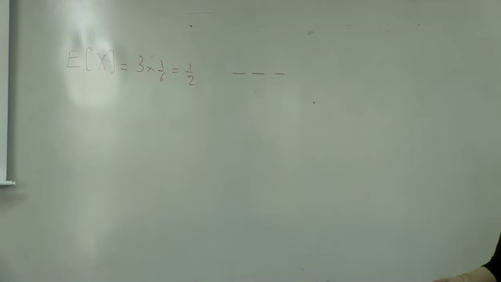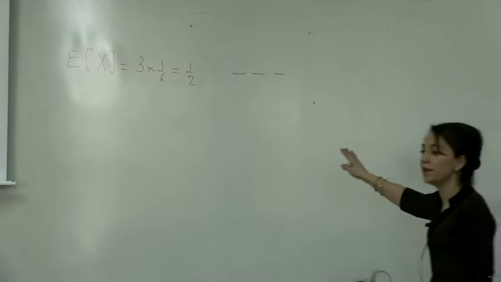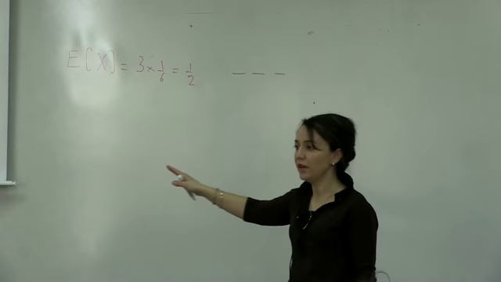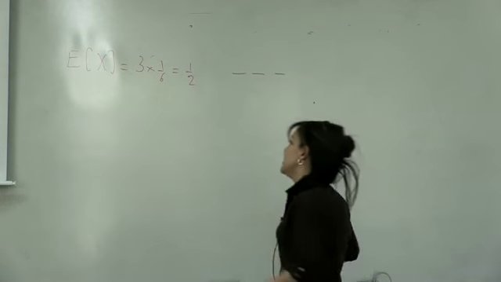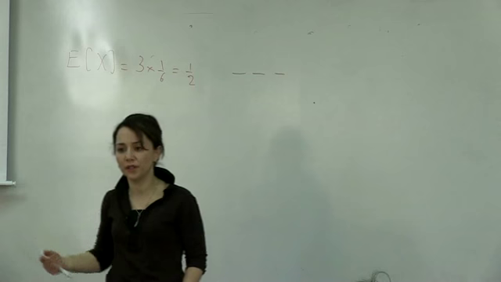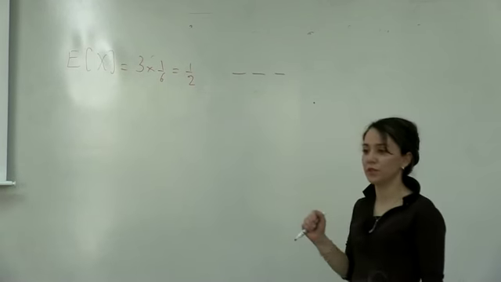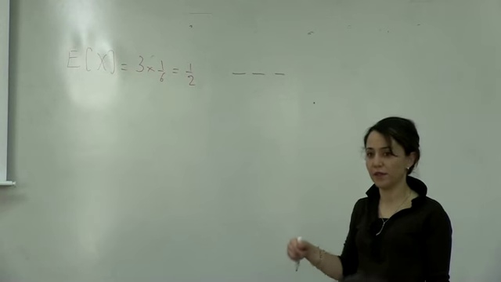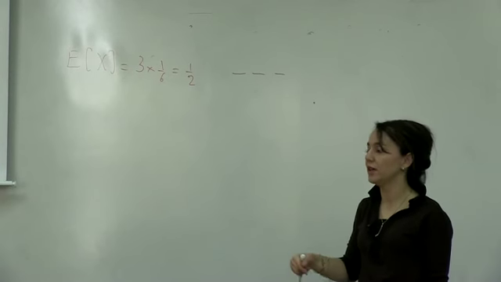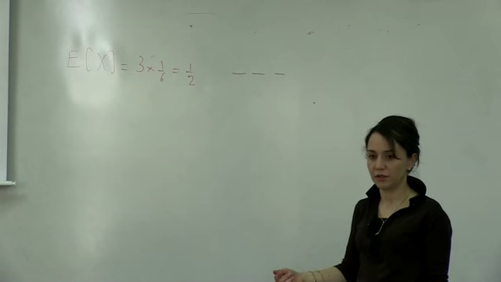What is the expected number of successes in 3 trials? 3 times the probability of success. So 1/2. That's very easy. But just for the sake of understanding iterated expectations, we'll see if we can get the same result for the expectation of X by using conditional expectations.